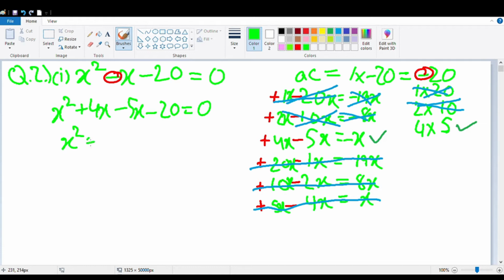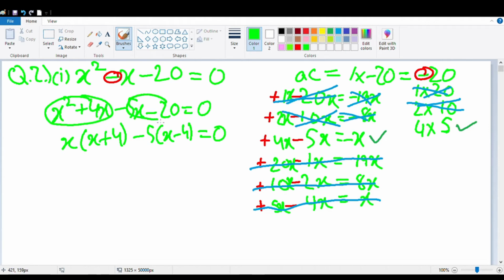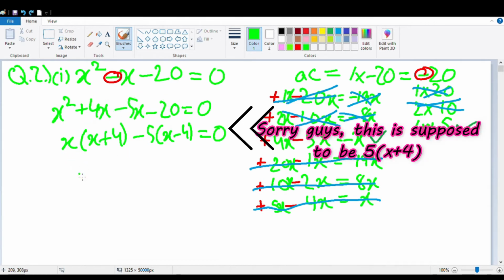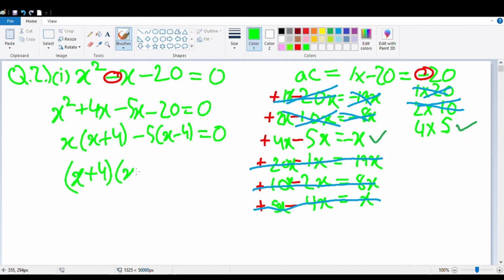So x into x plus 4 minus 5 into x plus 4 is equal to 0 by taking x common in this and 5 common over here. And x plus 4 gets taken common, and x minus 5 just comes on the side, is equal to 0.